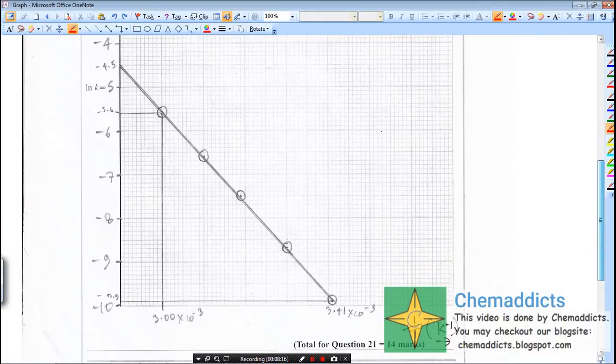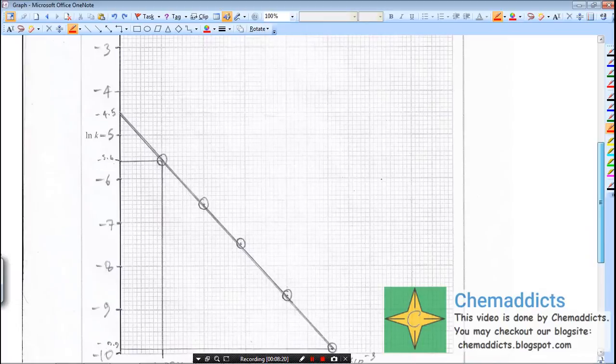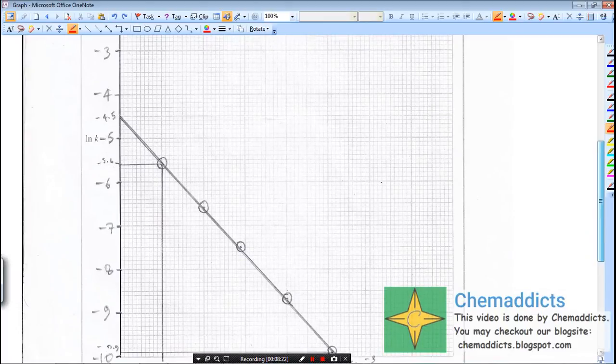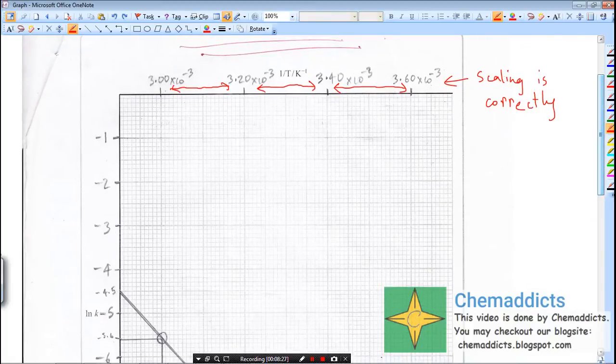So as you can see, the scaling is maintained over here. They are not equal: the scaling in the x-axis is not equal to the scaling in the y-axis. But the scaling is maintained.